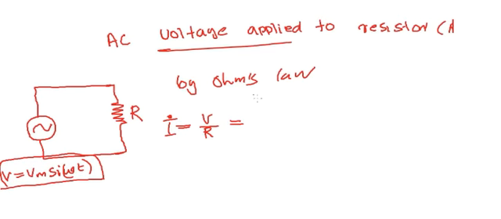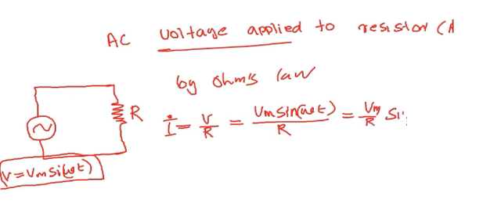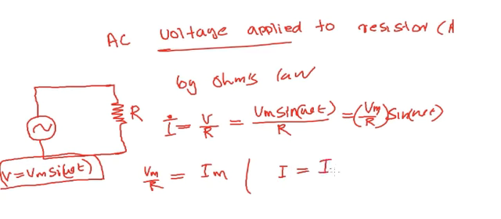So Vm sin omega t by R, that is equal to Vm by R sin omega t. Okay, that is Vm by R into sin omega t. We can take Vm by R is equal to Im. Then I will become Im sin omega t.